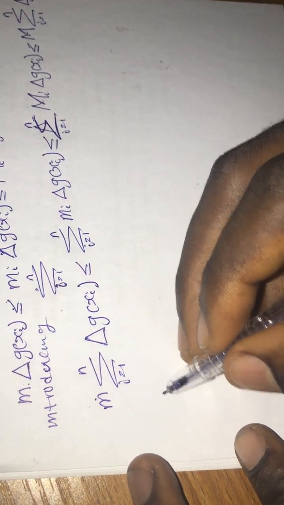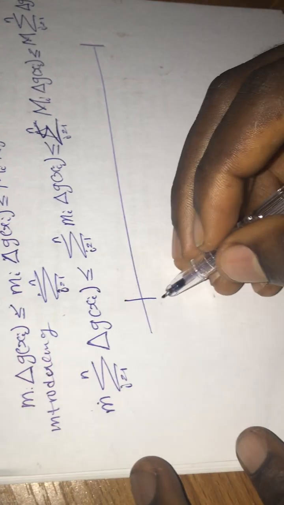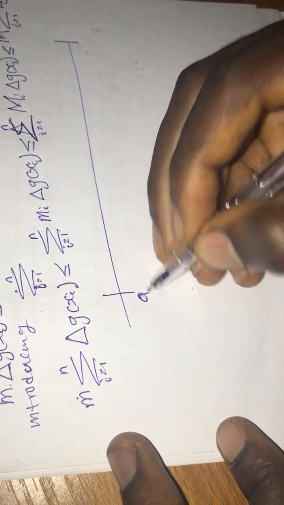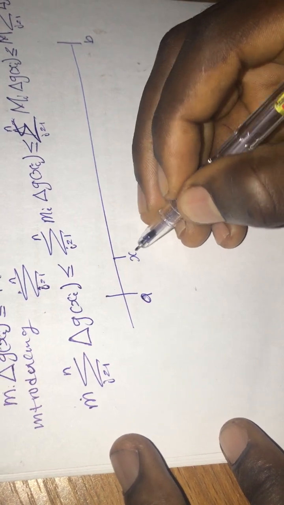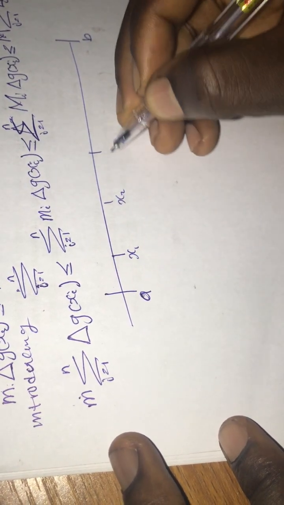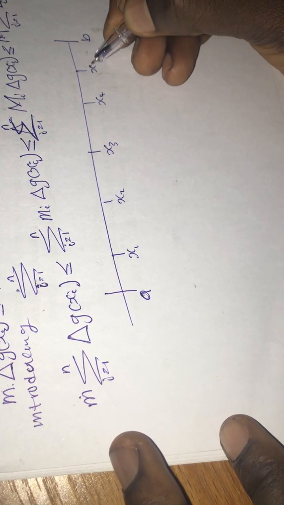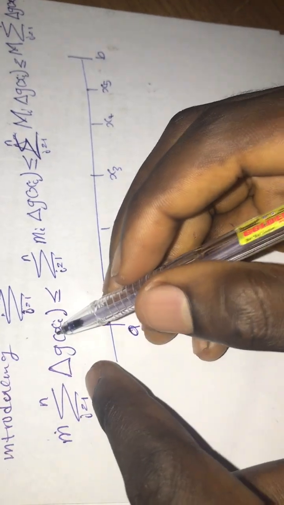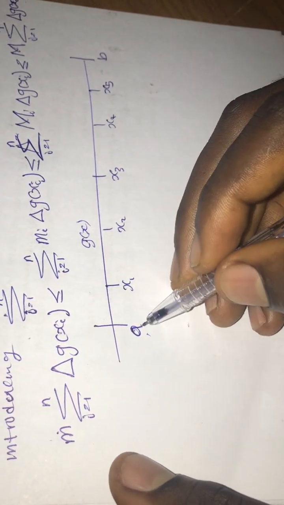Now look at this. Imagine we have this kind of number line. Okay, let me draw a new one. We have our a to be here and our b to be here. We now have this one to be x1, x2, x3, x4, x5. We now have a function, which is our g of x, acting on this.